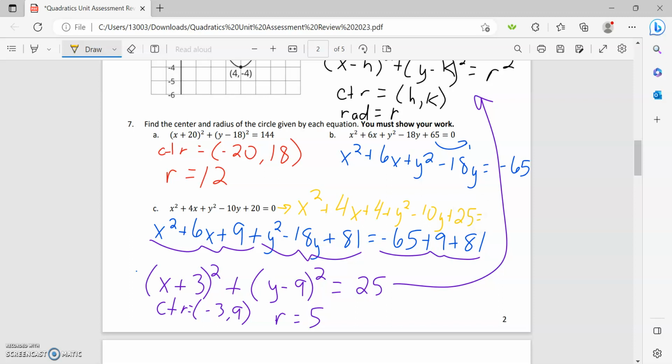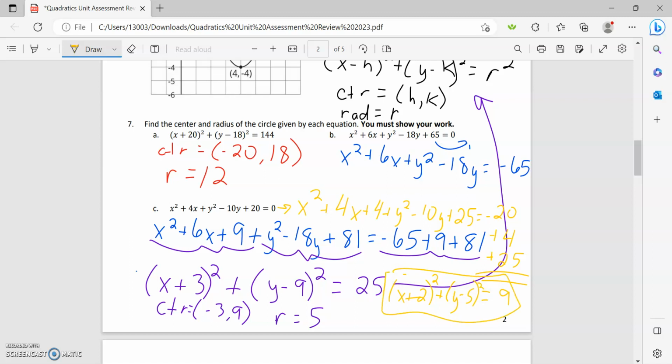Now I'm moving that 20 over, remember, so negative 20. I added 4 and I added 25. So in the end, my right side, 25 plus 4 is 29 minus 20. That equals 9. And my factors were x plus 2 squared. Y, I added minus 5 squared.